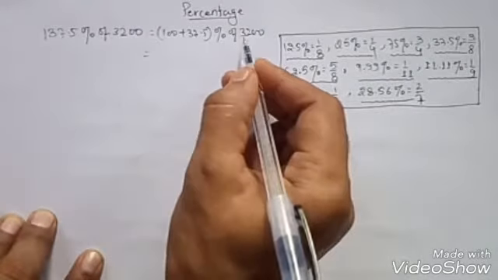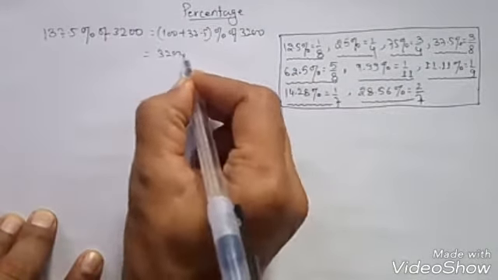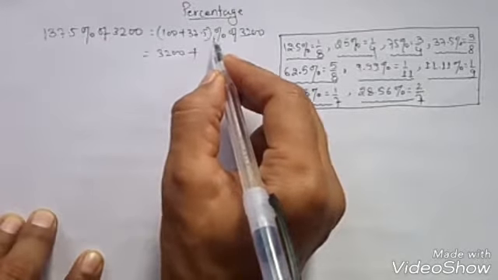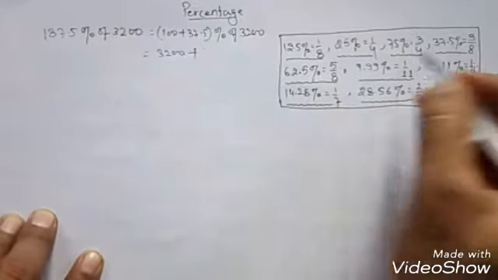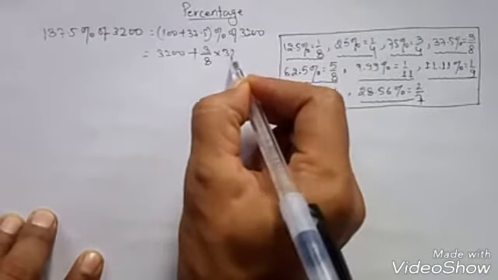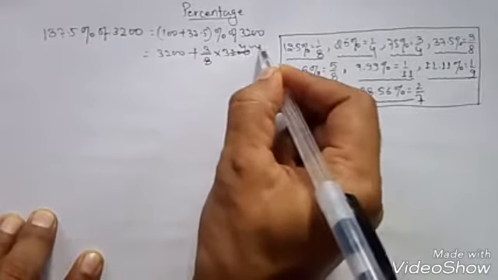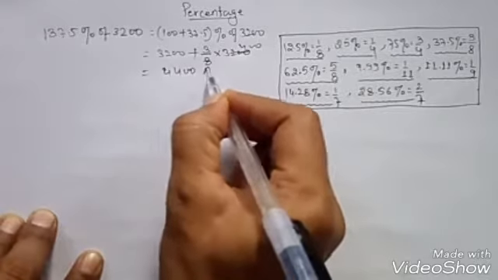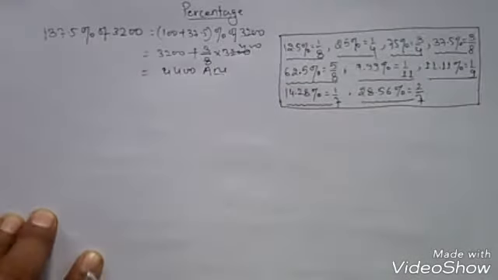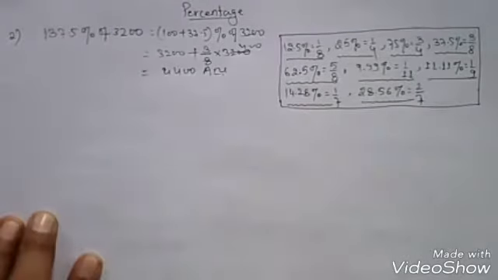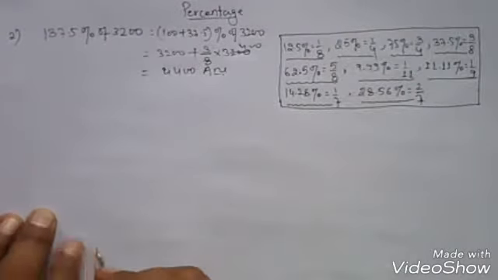So 100% you all know is 3200, plus 37.5%, which from here is 3/8 of 3200, that is 1200. So 4400 is the answer. I hope you get it. So this was the second example, right?